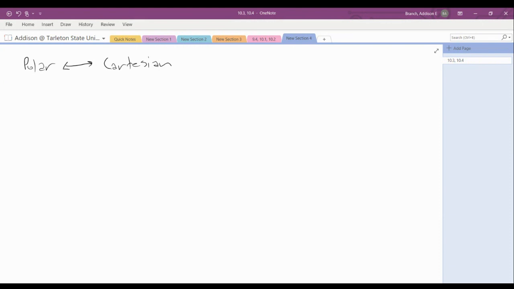But there's a reason why we tend to have it be a straight line going out to the right. It is because this can help us correspond with Cartesian, and also just to standardize it.